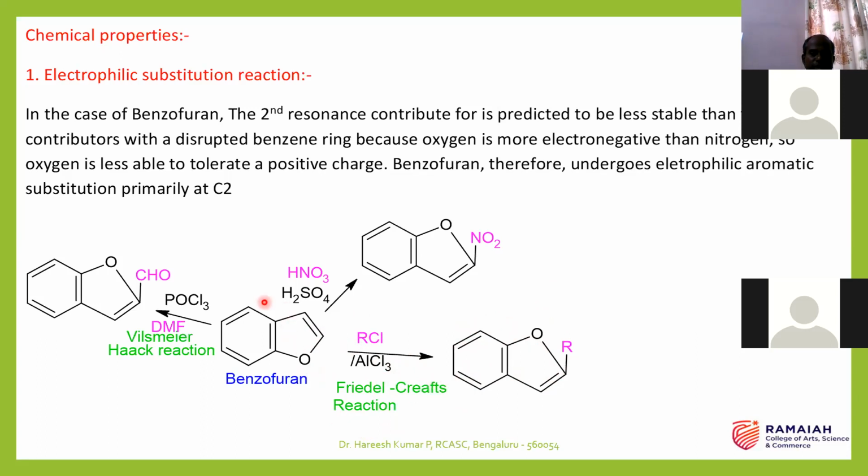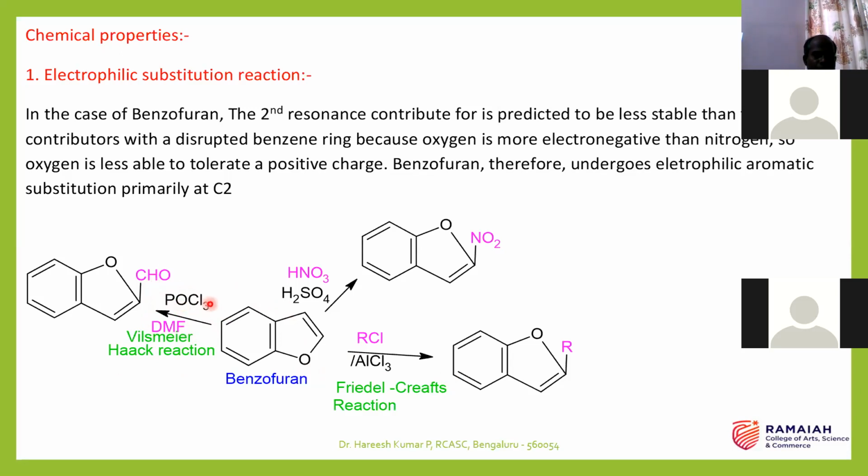It is also possible to do one more name reaction, called the Vilsmeier-Haack reaction. The reagent is POCl3 and DMF. DMF is dimethylformamide. What will happen here? This will act as a source of CHO.